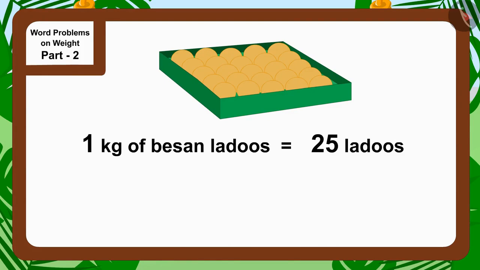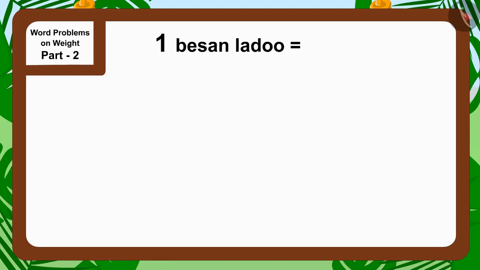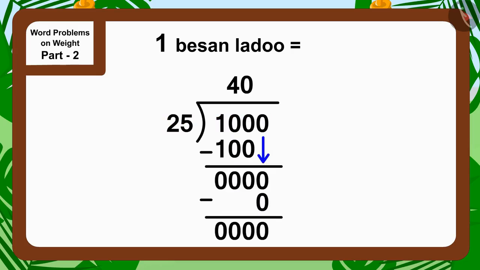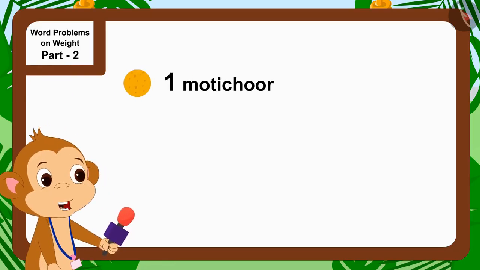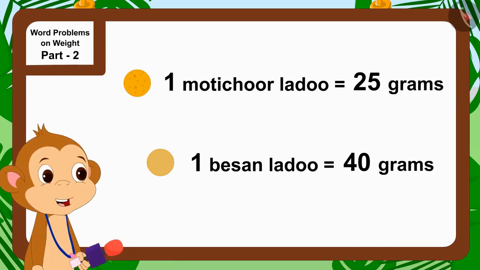This means the weight of one besan laddu will be 1 kilogram divided by 25. 1 kilogram is equal to 1000 grams. So, the weight of one besan laddu will be 1000 divided by 25, 40 grams.